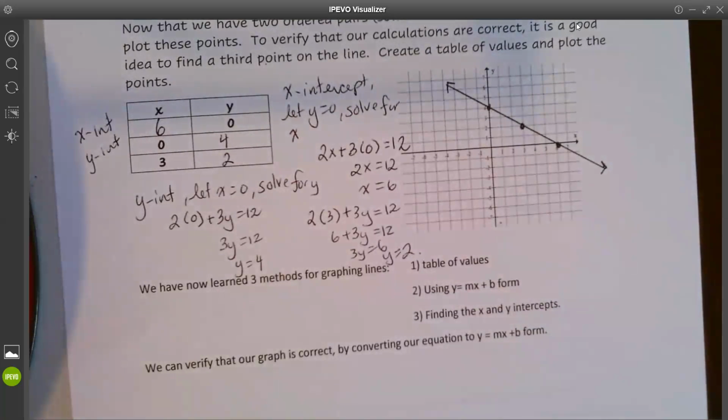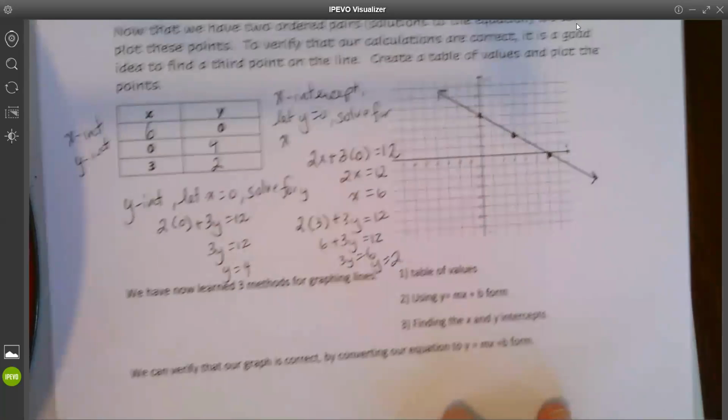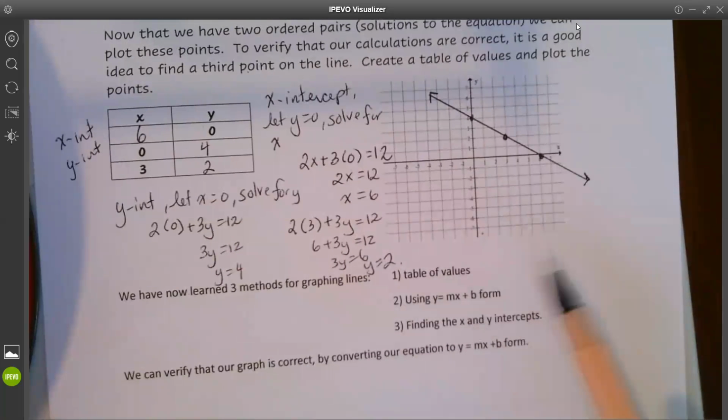So at this point now, you've learned 3 different methods for graphing: a table of values, using y equals mx plus b form, and now the concept of the x and y intercepts. So unless you're specifically asked to use one method, you're going to find there are different scenarios when one method is better than the other.